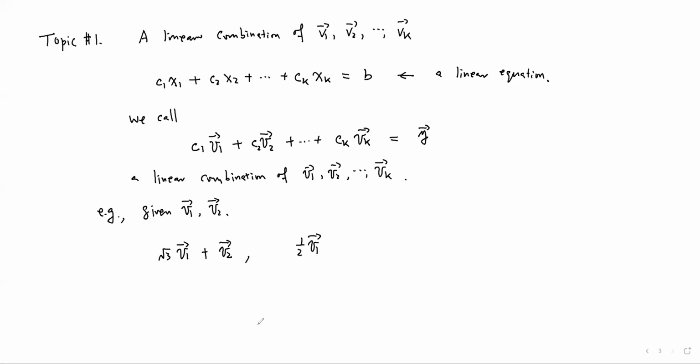Also a linear combination of vector v1 and vector v2. Some people may say that this 1/2 times v1 contains no v2, but you can view 1/2 times v1 as 1/2 times v1 plus 0 times v2. So 1/2 times v1 is a linear combination of v1 and v2.